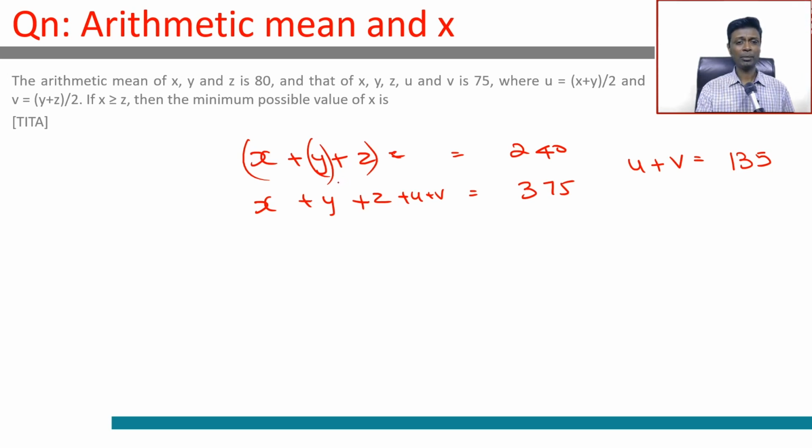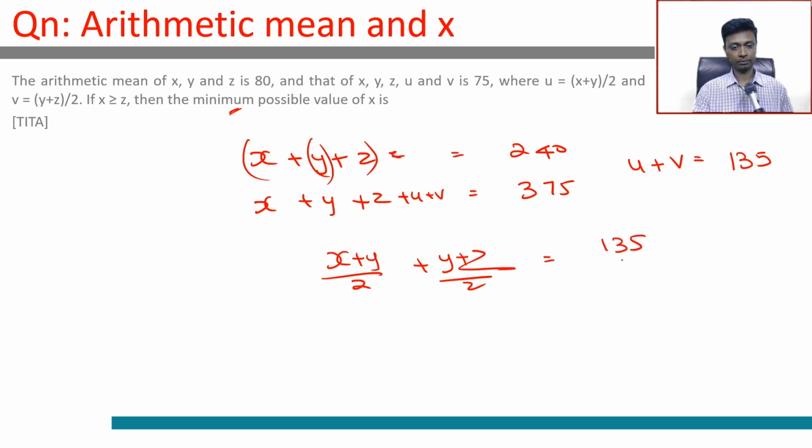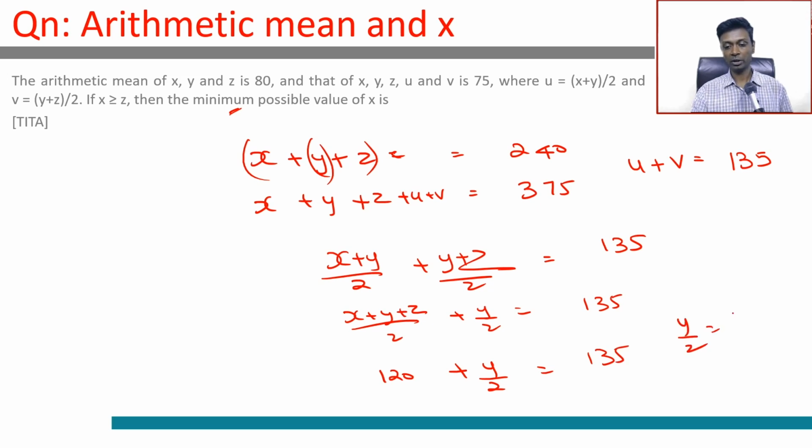And then, what is the minimum possible value of x? So u plus v, so x plus y by 2 plus y plus z by 2 equals 135, or x plus z by 2 plus y is 135. x plus y plus z by 2 is 120. 120 plus y by 2 is 135, or y by 2 is 15, y is 30.